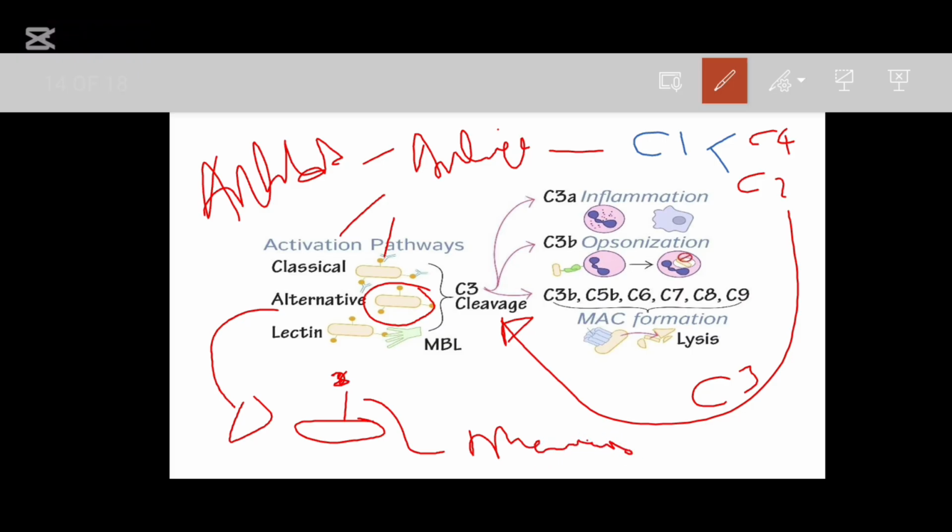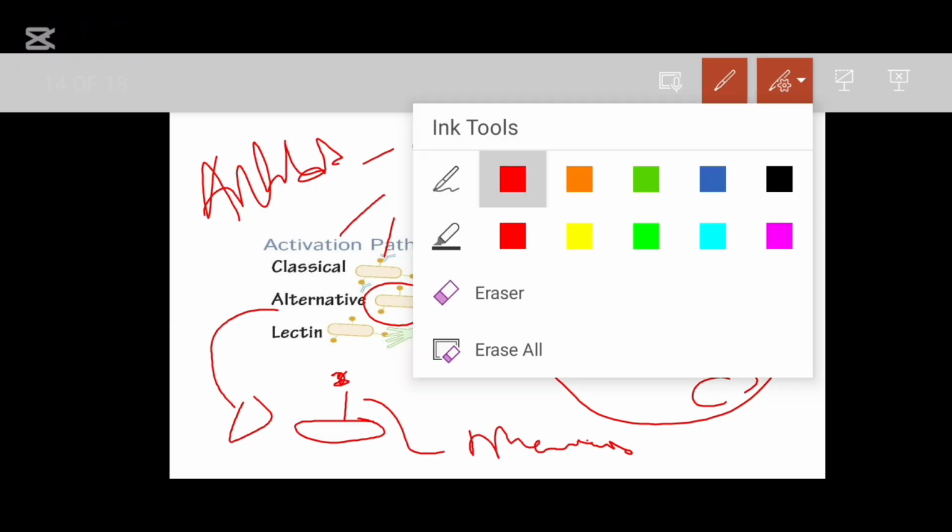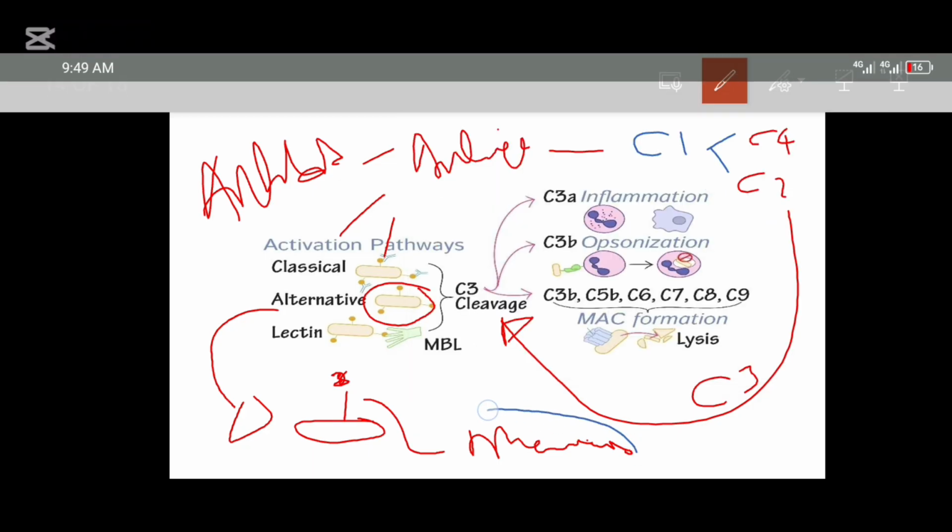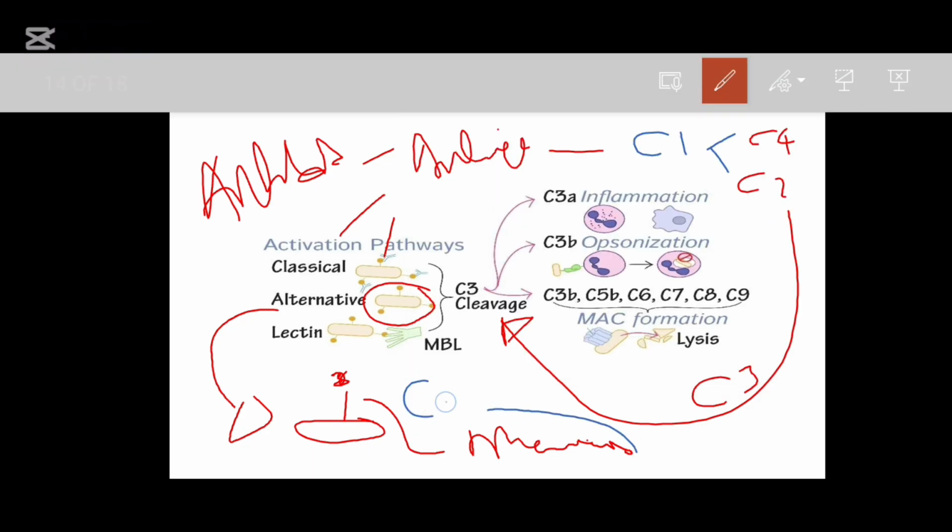This has led to the activation of C3b. Upon C3b activation, what happens? It combines with the protein factors B and D, so that they can form C3 convertase.